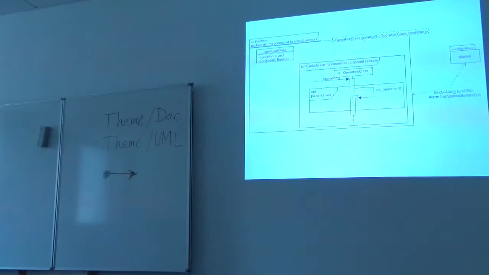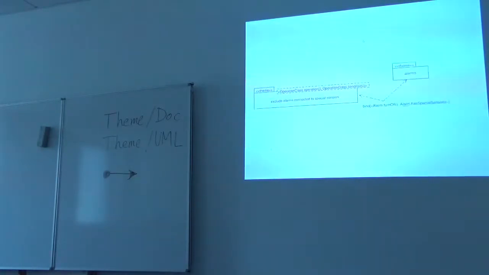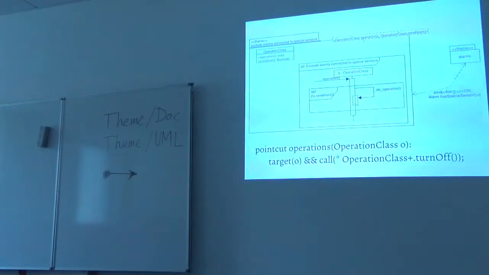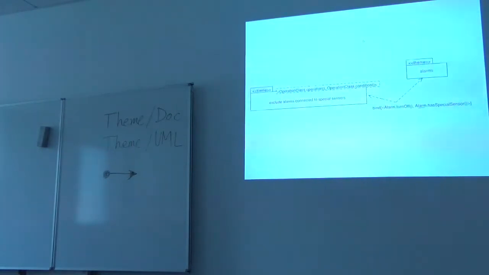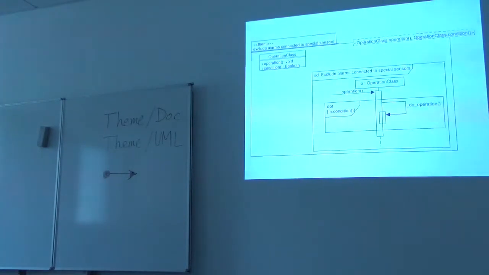Let's get back to this composition. Oh, this theme. First, let's look at this theme. So here we have again just a seemingly plain UML class, and we have yet another sequence diagram.